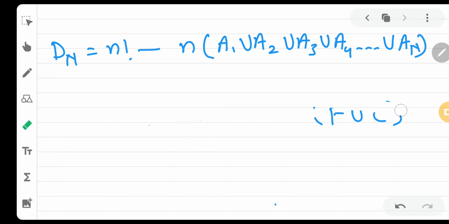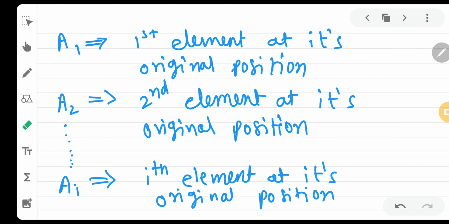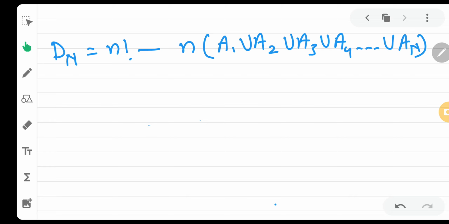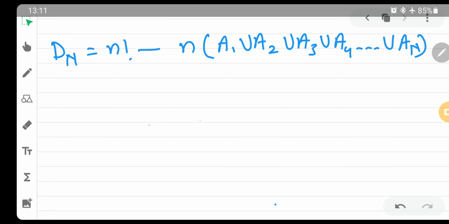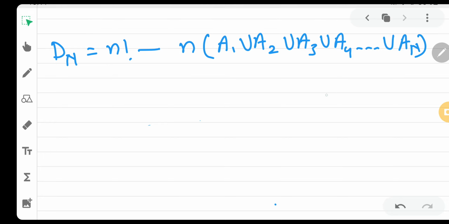So similarly, at least one element should be at its original position. So there are many elements: first element, second element, third element, fourth element, and so on. So on there are n elements, right? Okay, now there are nth element at its original position, first element at its original position, and so on.